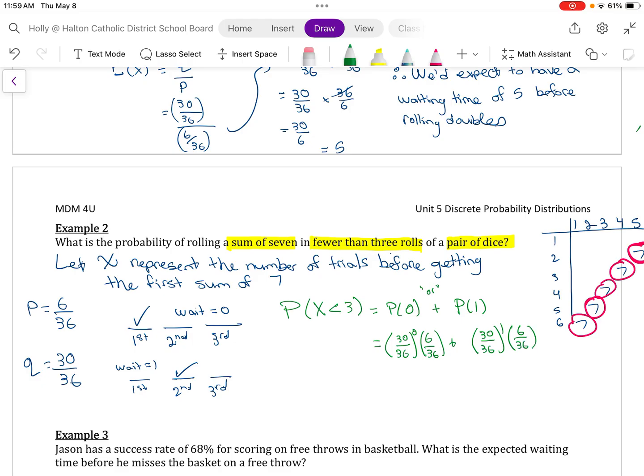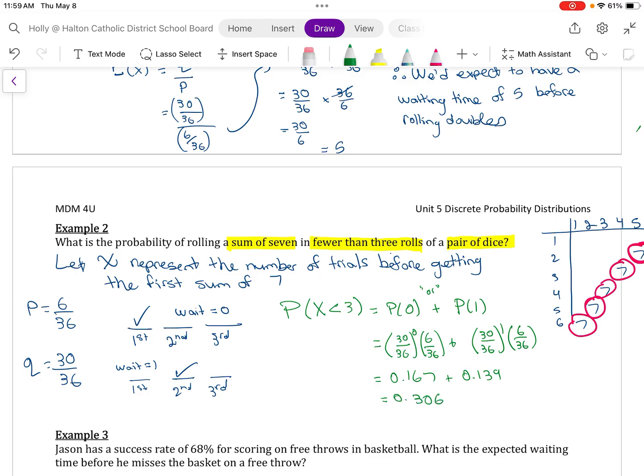So you can use your calculator here, and we are looking at 30 over 36 to the power of 0, which is 1, times 6 over 36. That gives me 0.167, plus 30 over 36 times 6 over 36, 0.139. This is a probability.